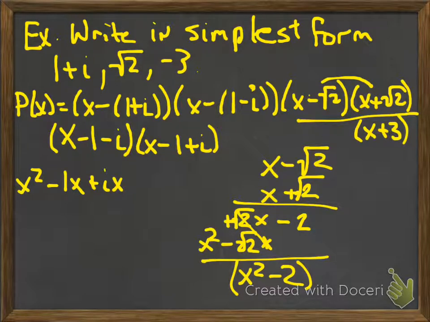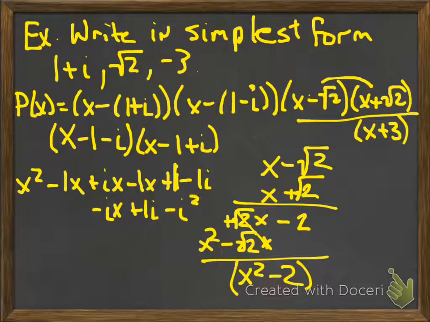Then negative 1 times x is negative 1x. Negative 1 times negative 1 is positive 1. Negative 1 times i is negative 1i. Then I'm going to do the i's. Negative ix. Negative i times negative 1 is positive 1i. And then negative i times positive i is negative i squared. And remember, i squared is a negative 1.